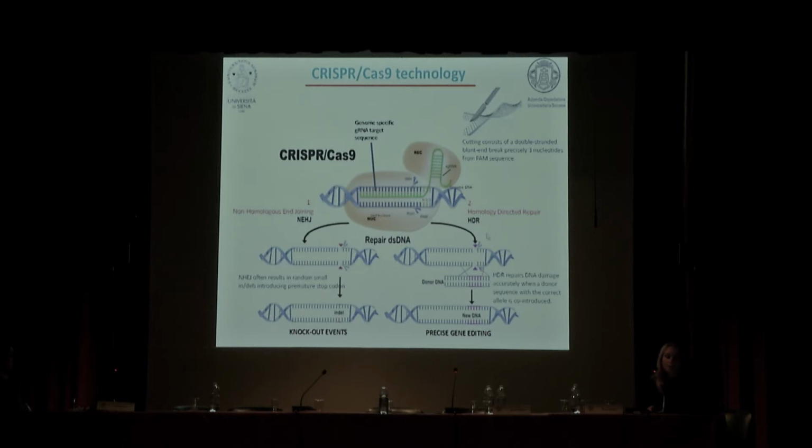The second one is the homology directed repair that, through a strand exchange process, repairs the DNA damage accurately when a donor sequence containing the correct allele is co-introduced with a CRISPR-Cas9 machine. And this process is very useful to precisely correct the gene mutation.